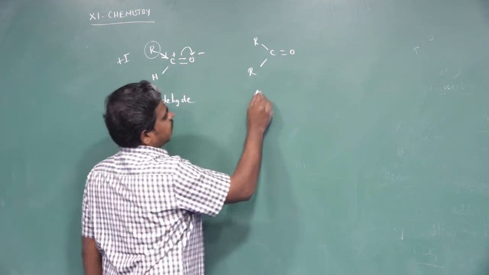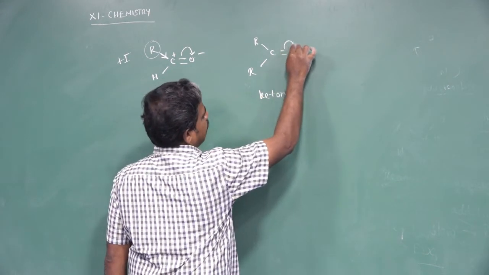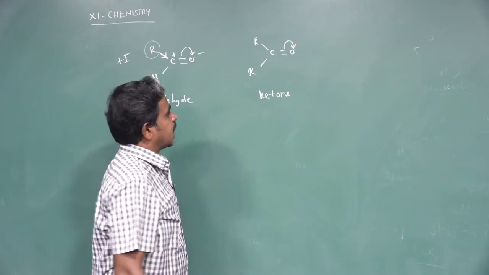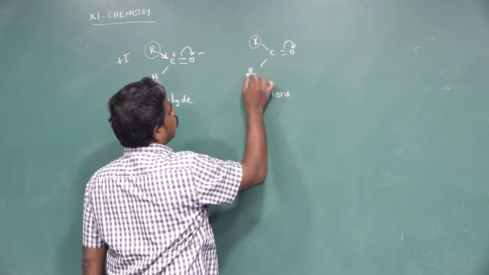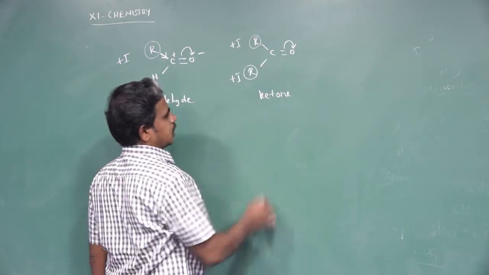Now in the case of ketone, what will happen here? In ketone, the same way the pi electron will move towards that oxygen, and here there are two plus I groups, a plus I group here and also a plus I group here.